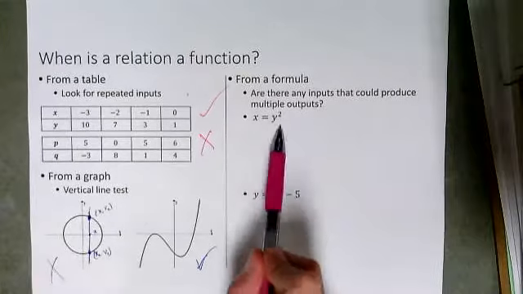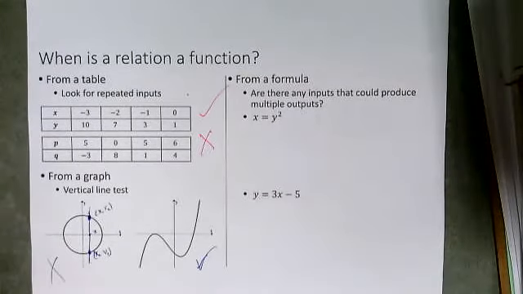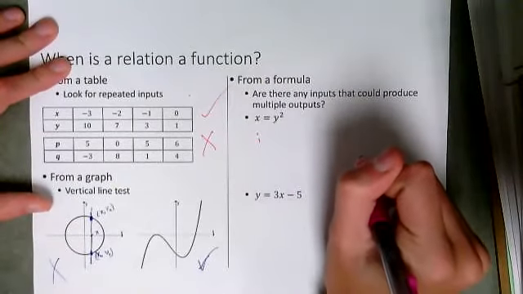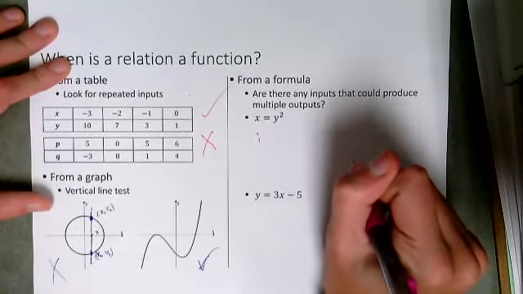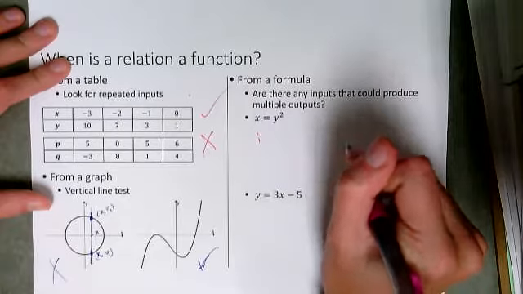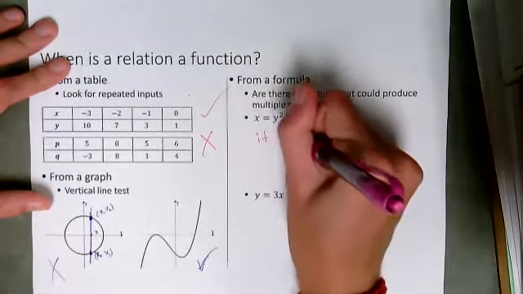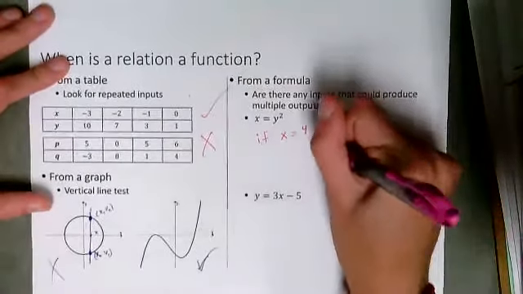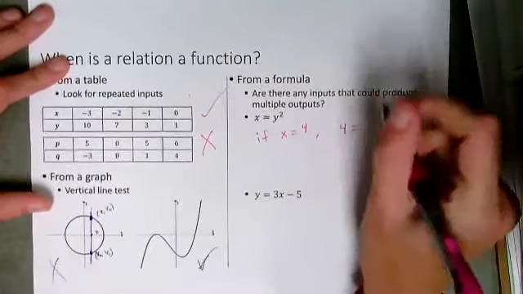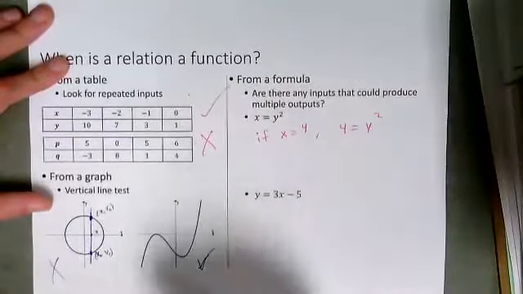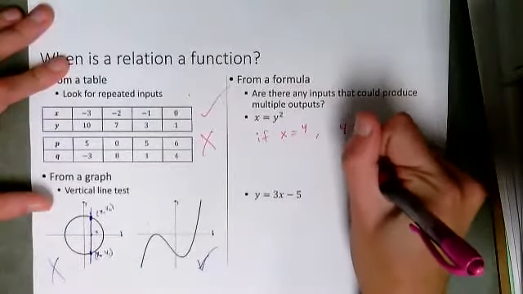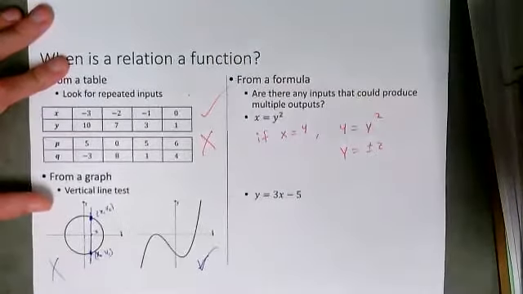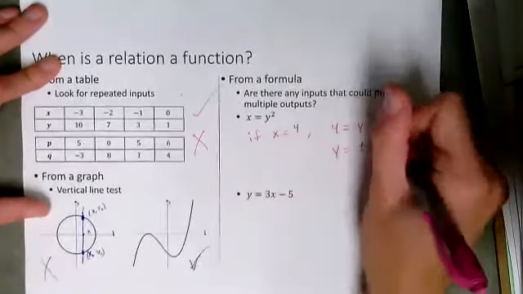So if we look at this guy, if x is equal to 9, actually no, let's do 4, there we go. If x equals 4, then we have 4 is equal to y squared, and then we get y is equal to plus or minus 2 if we take square roots.